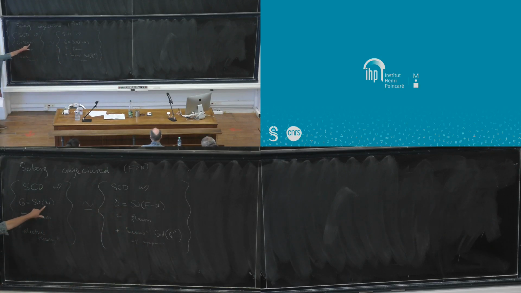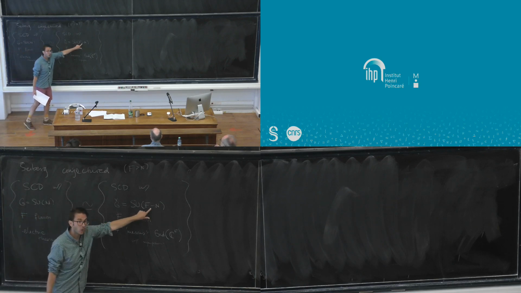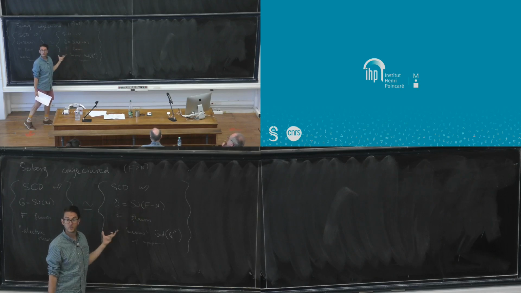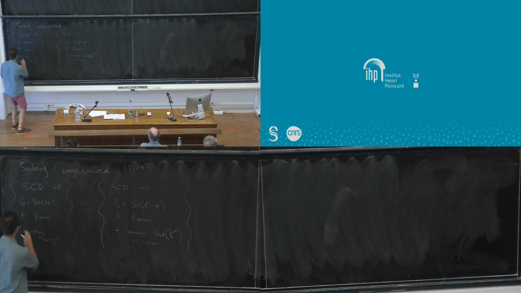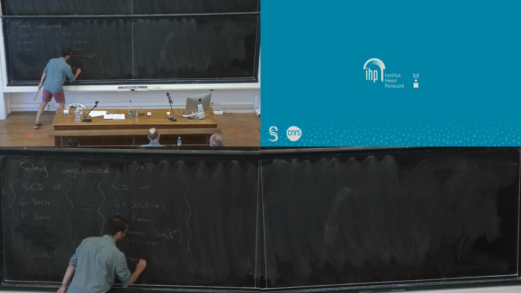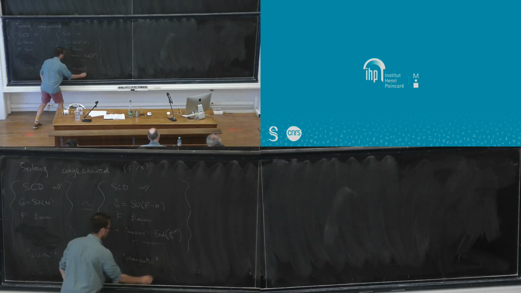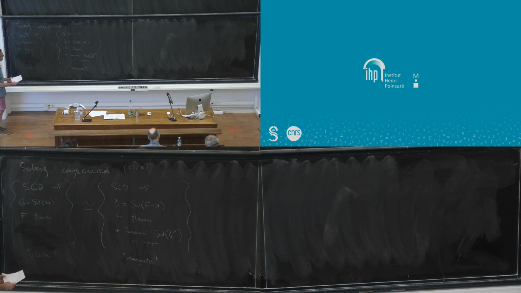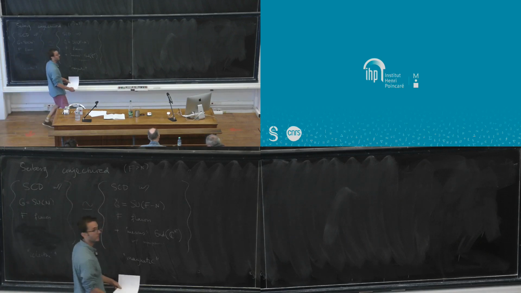He's saying there's a gauge theory with this gauge group, and there's another gauge theory with a totally different gauge group, and they're supposed to be equivalent. He calls this one electric, and this is magnetic. Okay. So this is what people mean by Seiberg duality, this equivalence of these two theories.